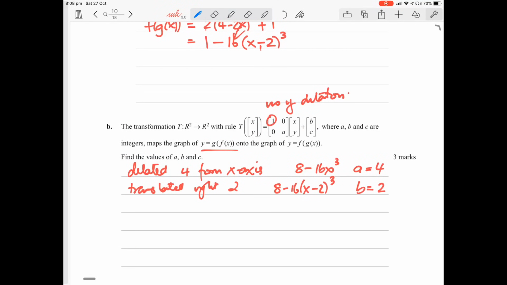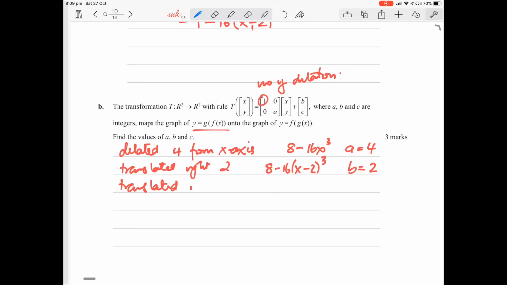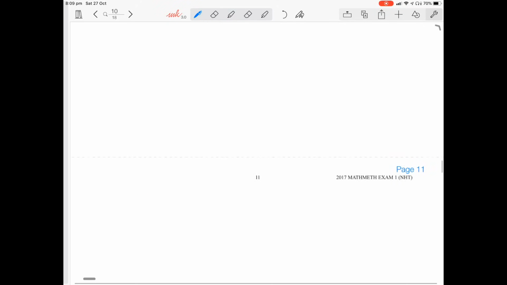And then that's 8, so we want to translate it down 7. So that would give me 1 minus 16, x minus 2 cubed. So c equals minus 7. So a is 4, b is 2, c is negative 7.